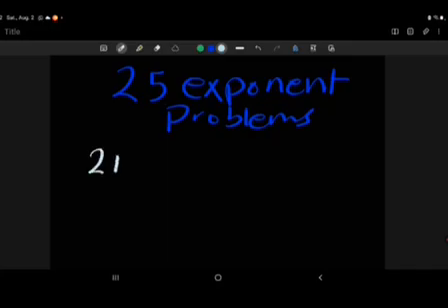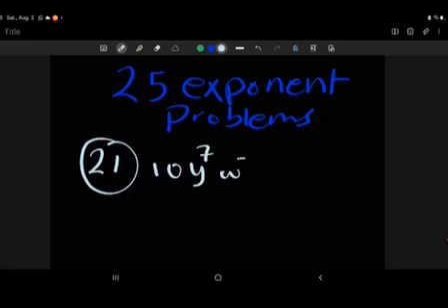So problem 21. So at that point, it's 10 y to the 7th power, and then w to the negative 10th power. What is that going to be equal to? So we want to rearrange it basically where all the powers are positive.